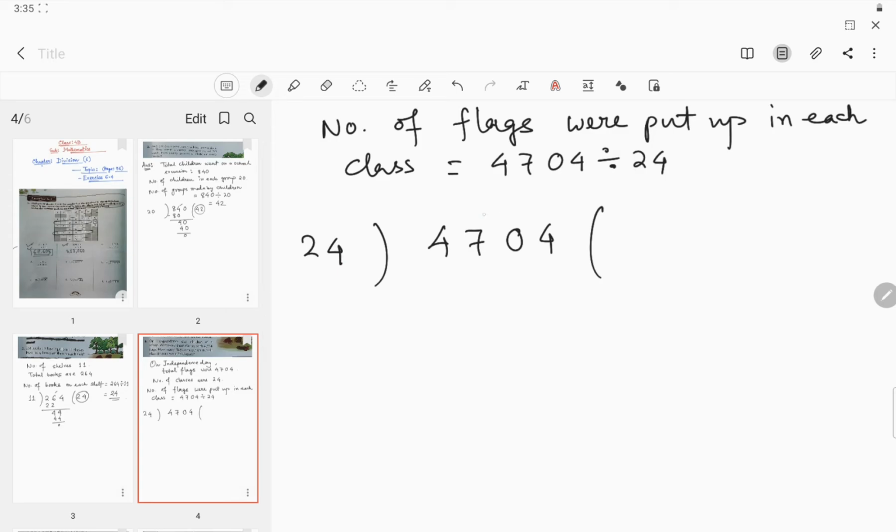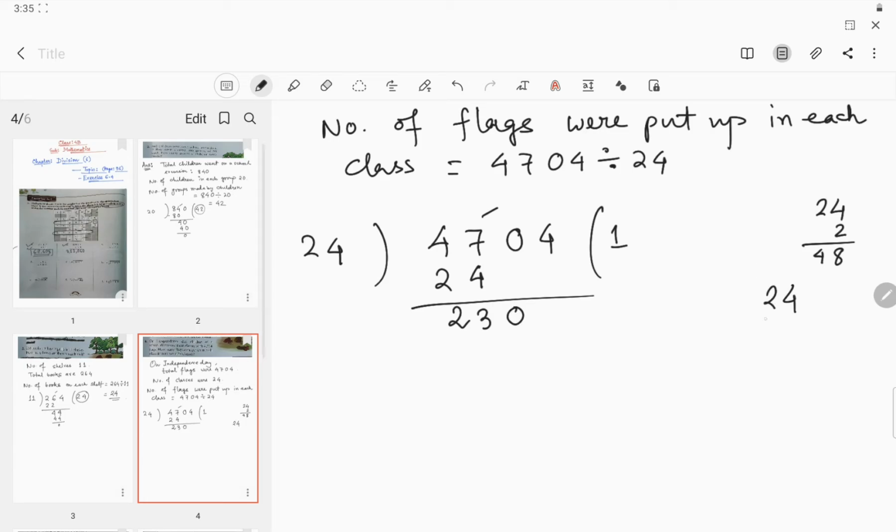So similarly you have to choose 47. 24 2s are 48, which is beyond 47. So now you have to choose 24 ones are 24. Now if you subtract, you will get 3. Okay, now bring down 0.